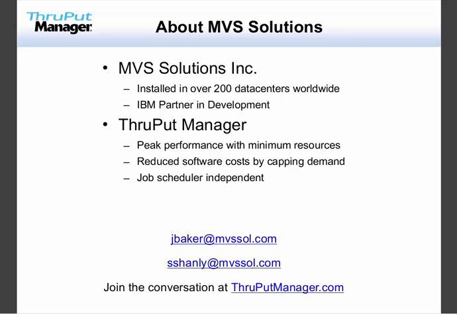Okay. What shared DASD is required to use ACM? Well, ACM is just a component of ThruPut Manager. ThruPut Manager has a control file in much the same way that JES2 has a checkpoint data set. So very small, shared access. That's really it.